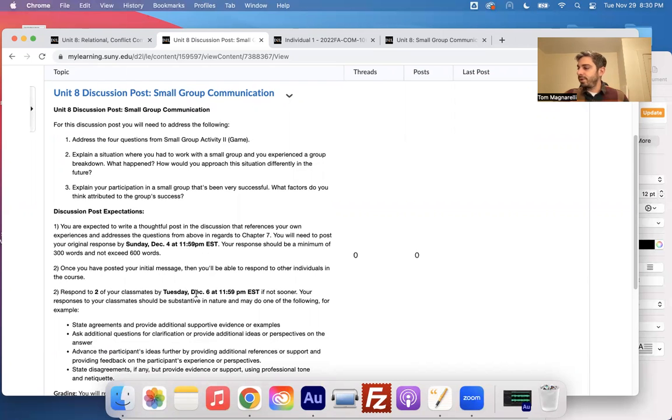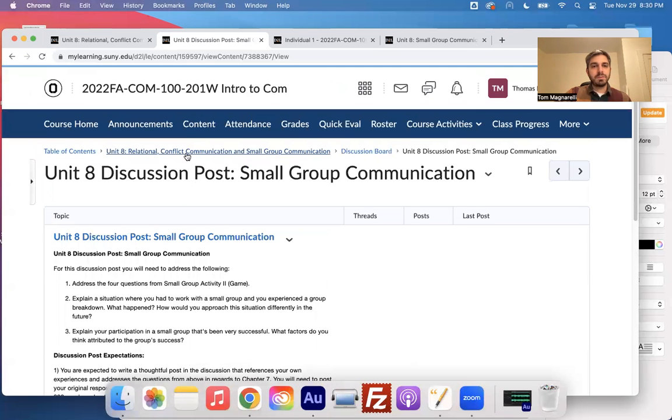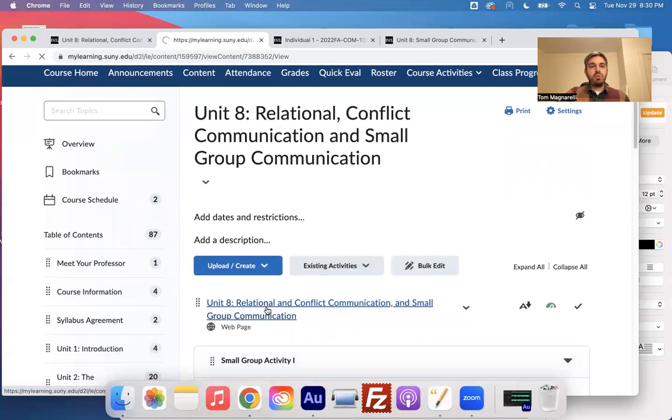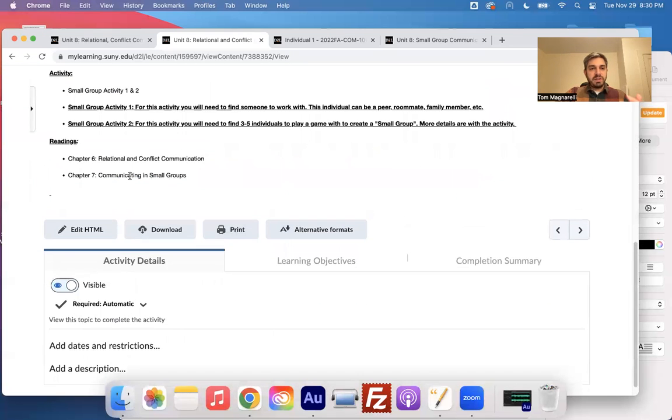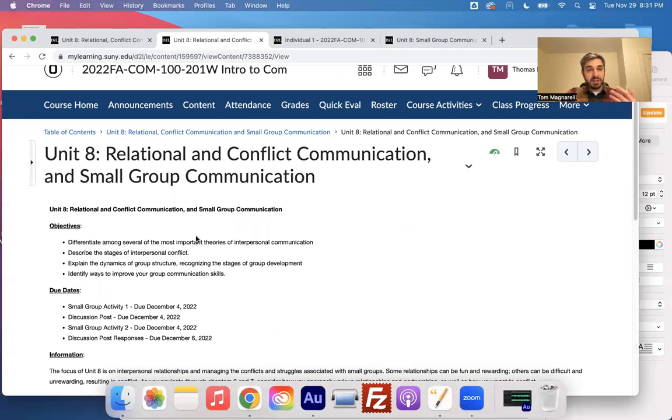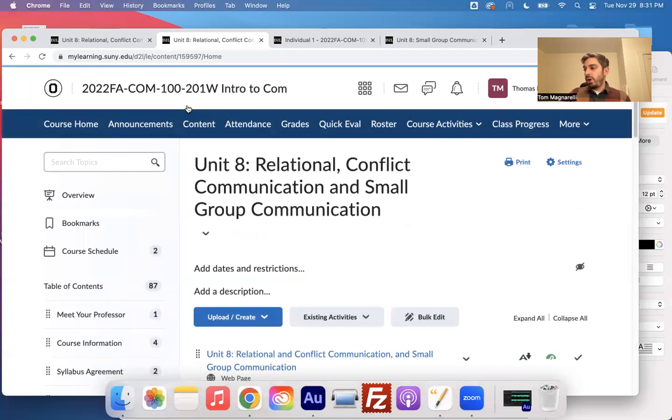Okay, and that is going to be it for Unit 8. So remember to read chapters 6 and 7 in your textbook, and you've got these 2 activities and discussion posts to do. They'll be due by Sunday, December 4th, and you're responding to some of the discussion posts by Tuesday, December 6th. And that will really do it for Unit 8.